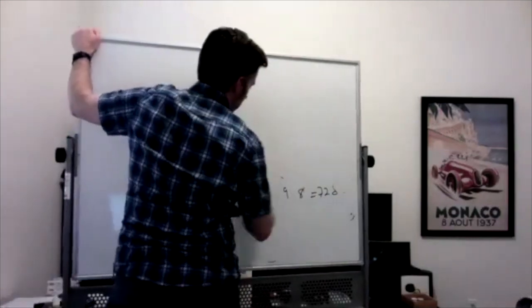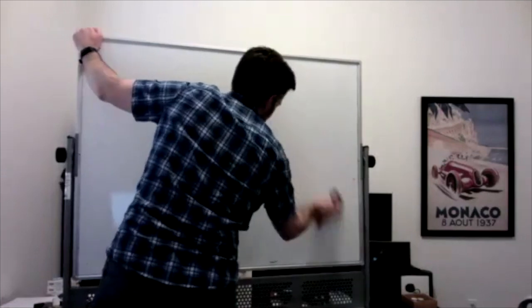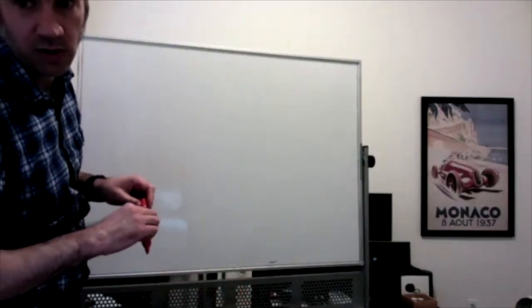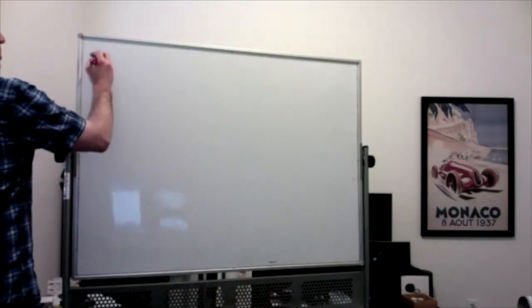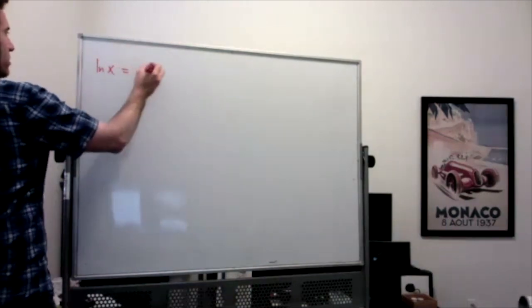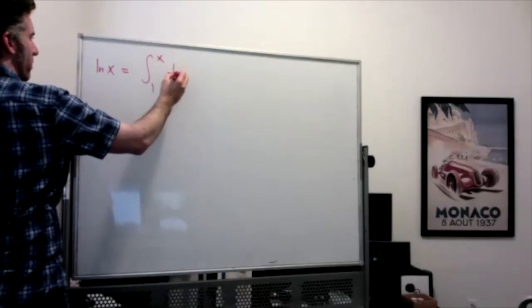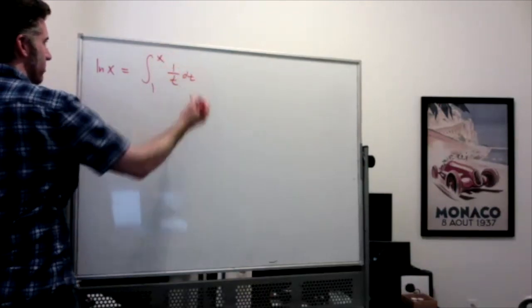Let me show you one example of this. I'm going to say that the natural log of x is equal to the integral from 1 to x of 1 over t dt. And it is.